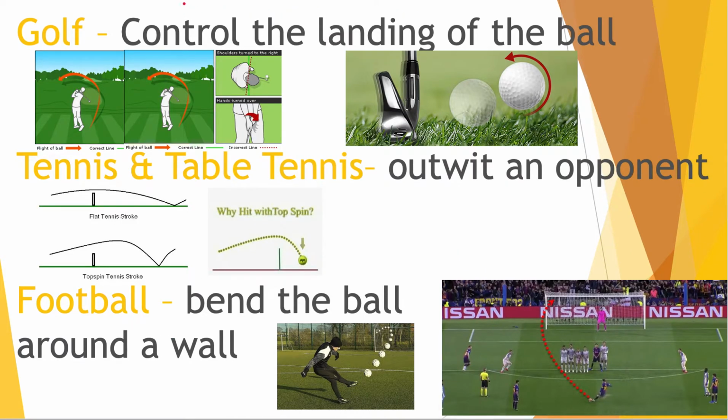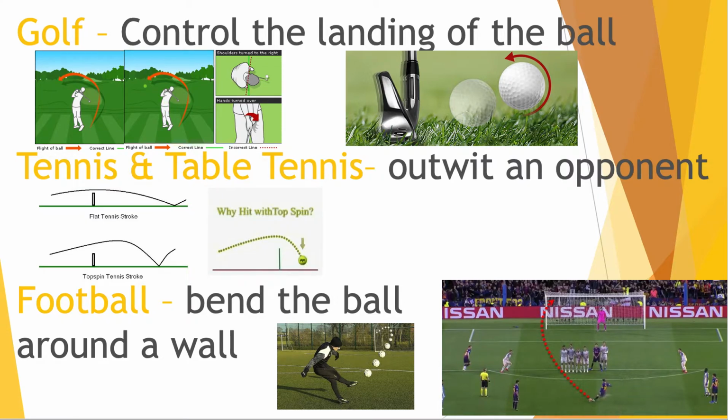Okay, so what's that actually going to do? So in golf, as I say, the specification speaks in golf specifically about the hook and the slice. So the hook is causing the ball to deviate left, and the slice would cause the ball to deviate off to the right. A golfer could want to do that to control the flight of the ball in the air. He might want to, or she might want to cause the ball to move around, let's say, a tree.